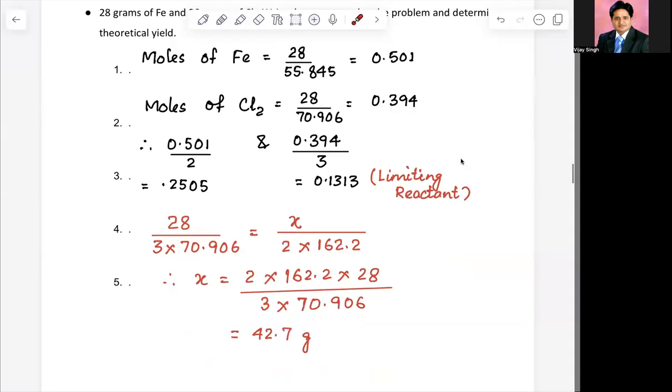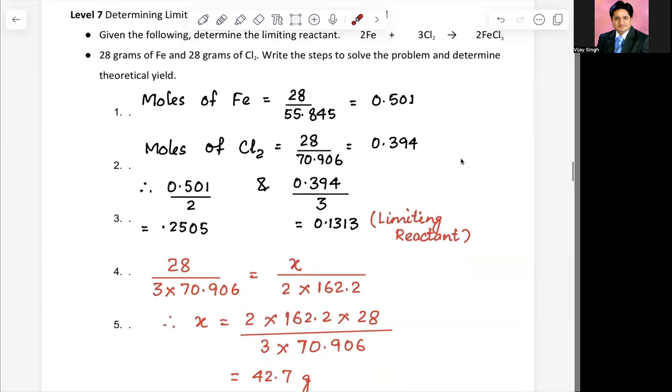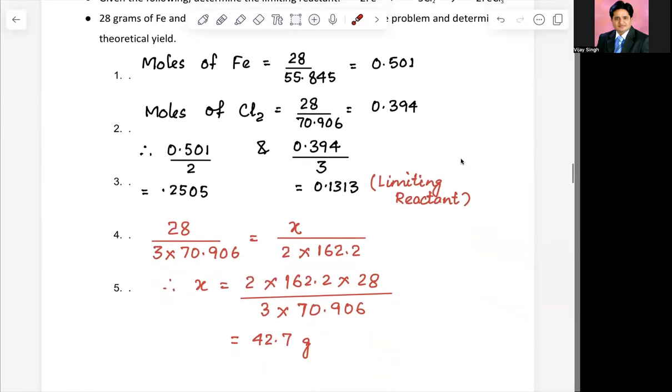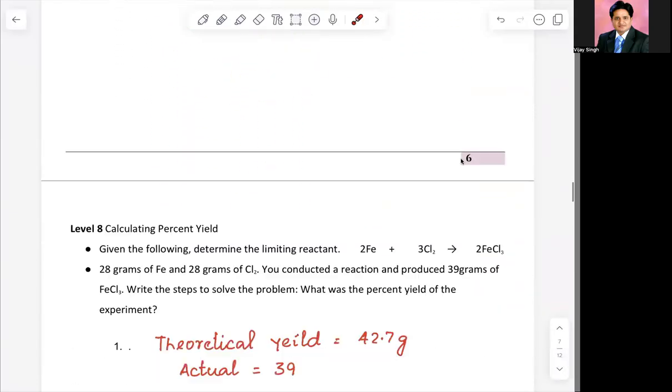And you solve for X. When you solve for X, you get 42.7 grams. So 42.7 grams is your theoretical yield. This is how you calculate the theoretical yield.